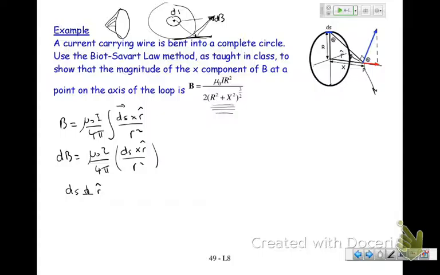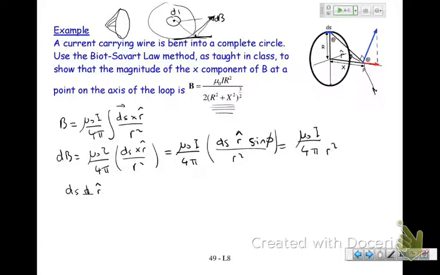So this equals mu naught I over 4 pi, and this is going to be ds r hat sine phi over r squared. R squared is constant, so take that out.